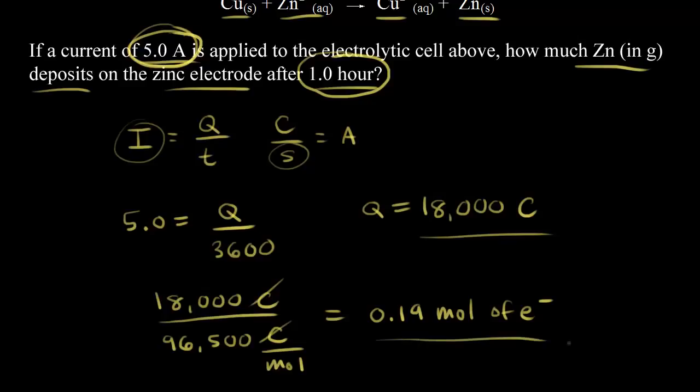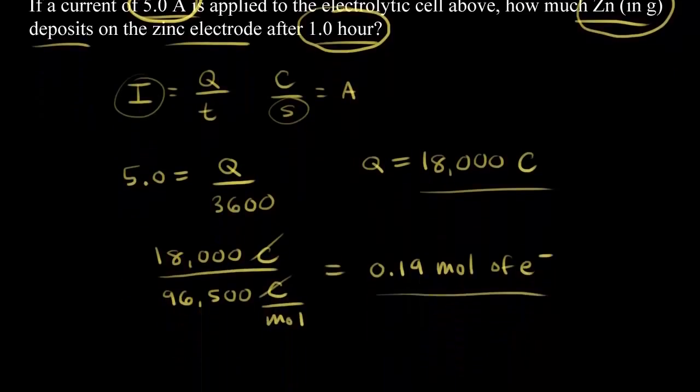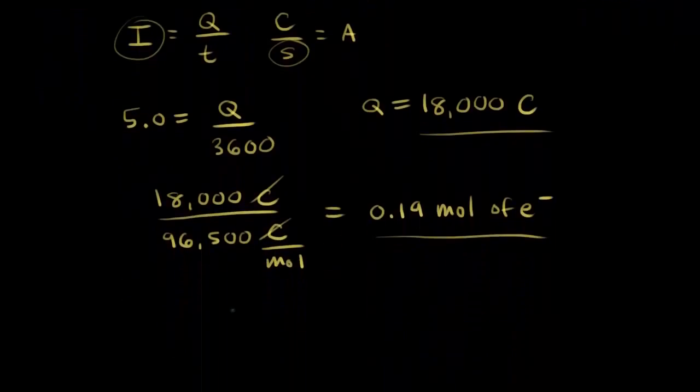So next we need to relate the moles of electrons to the moles of zinc that are formed. And we can do that by remembering our reduction half reaction. Zn2+ plus 2 electrons forms solid zinc. So let's write down our reduction half reaction here. So we know that Zn2+ ions are being reduced to form solid zinc.